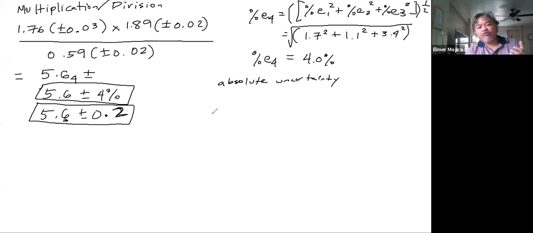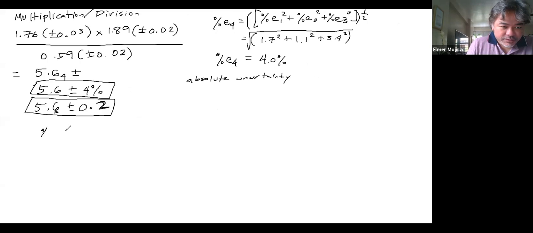So question, now what if you mix them? What happens when you mix them? Then you have to do it one by one. For instance, I'm going to give you a number where I'm going to mix the operation.